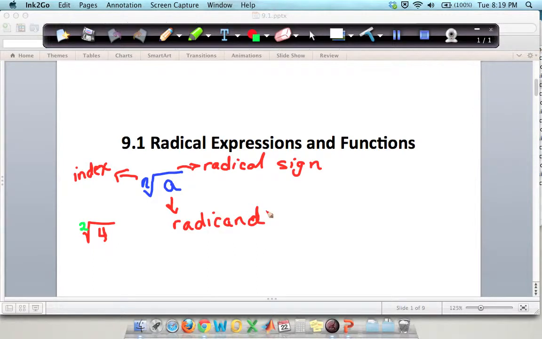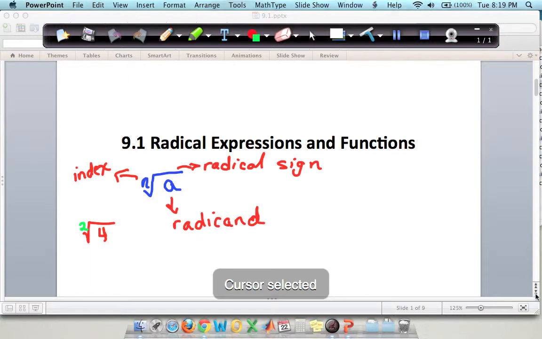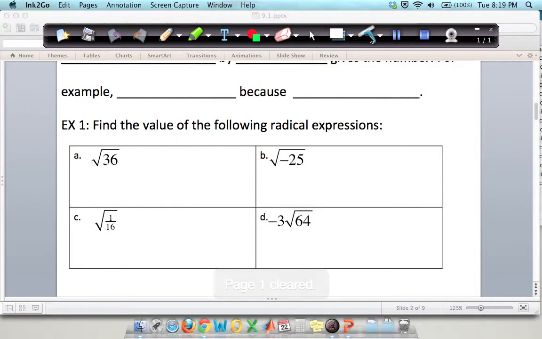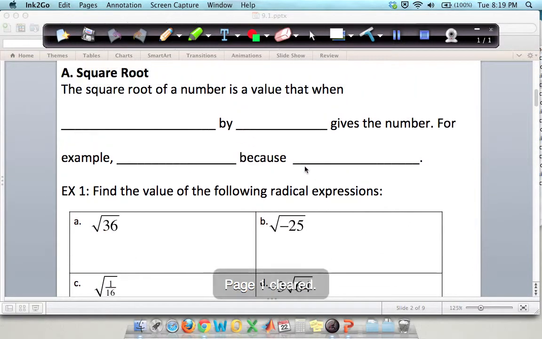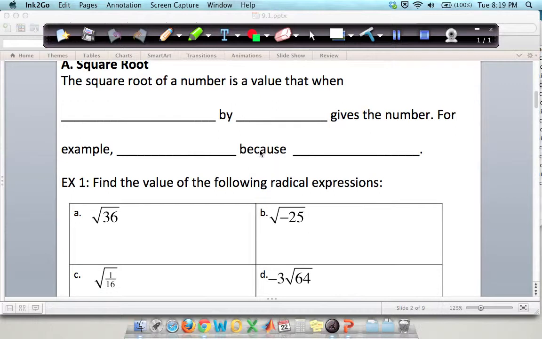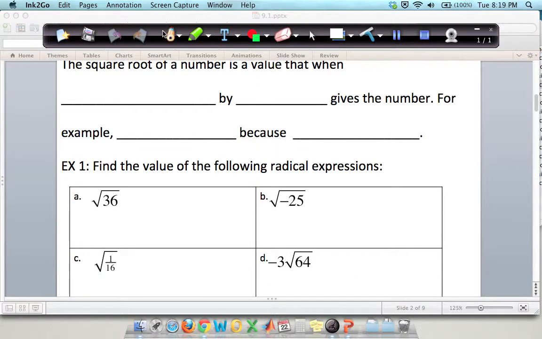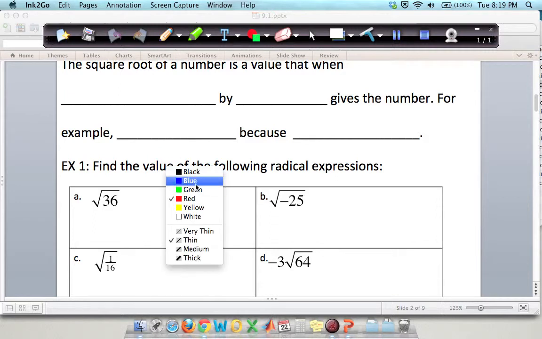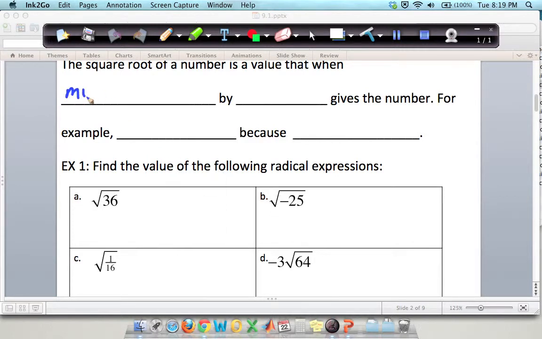Okay, so now that we've labeled things, let's talk about what a radical is. So we're going to start with square root. And the square root of a number is a value that when multiplied by itself gives the number.